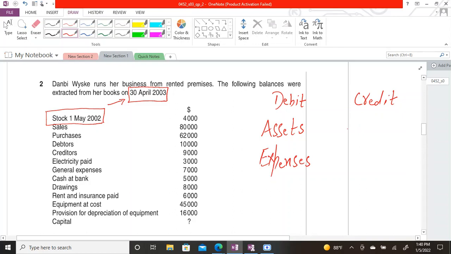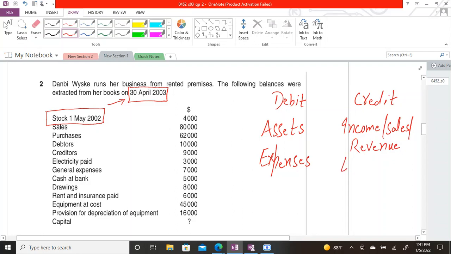On the credit side, we have income, or you can say sales, or you can say revenue. Revenue means selling of goods and services. Sales means selling of goods.